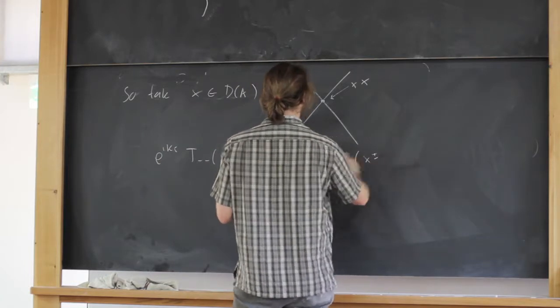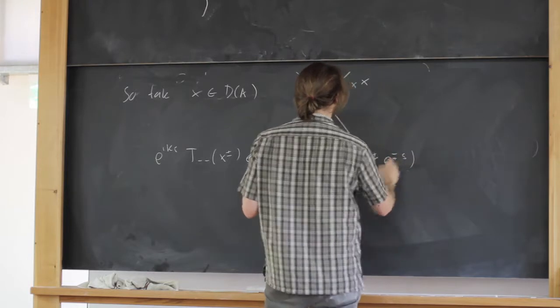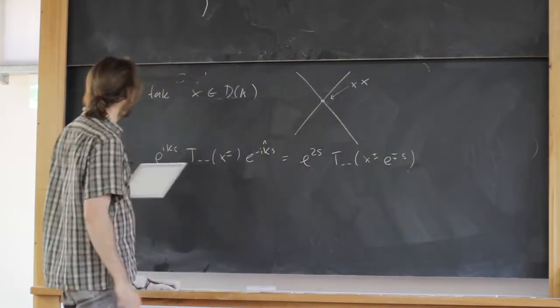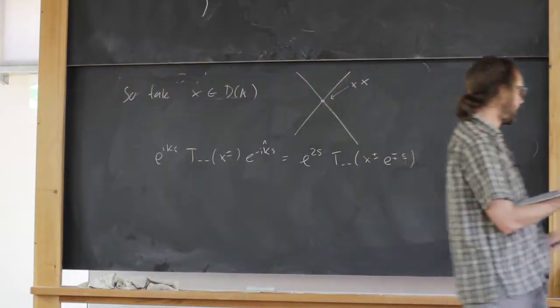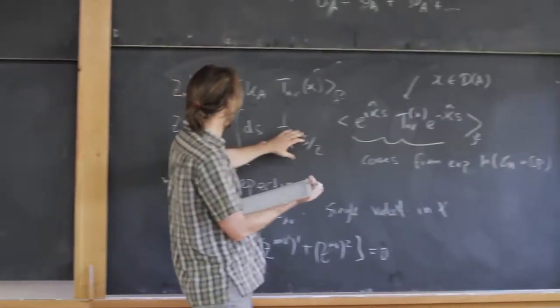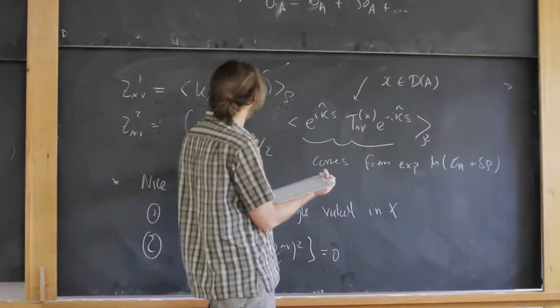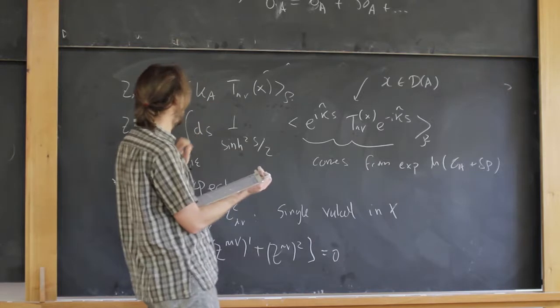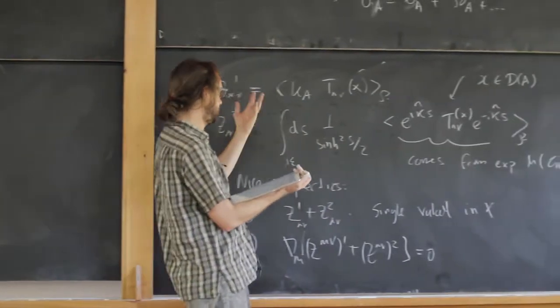This enhancement, e to the 2s, is going to be important, and is where the answer will come from. If I just took x to the origin at finite s, I would get something which is just finite. However, there's an enhancement from the s integral, from this modular flow integral, which gives a new contribution.